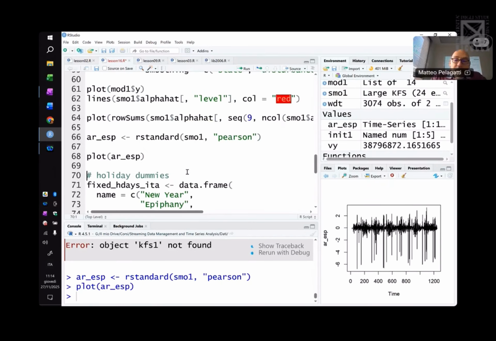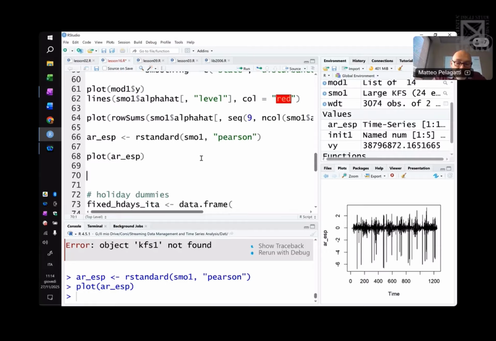So, for example, we could just select all the values that are, well, maybe in excess, in absolute value, of, I don't know, 3, for example. 3 could be a good value.